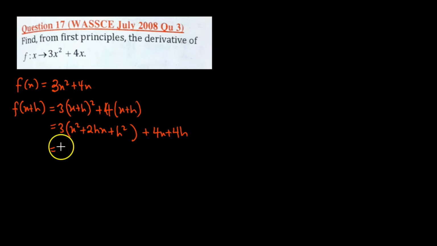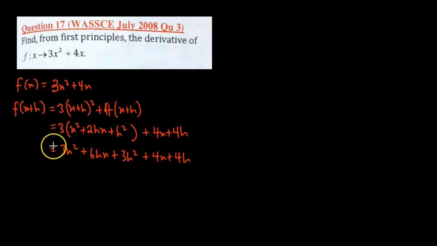Expanding further, we have 3x squared plus 6hx plus 3h squared, then plus 4x plus 4h. There's no way we can actually add and simplify, so we just leave it as it is.